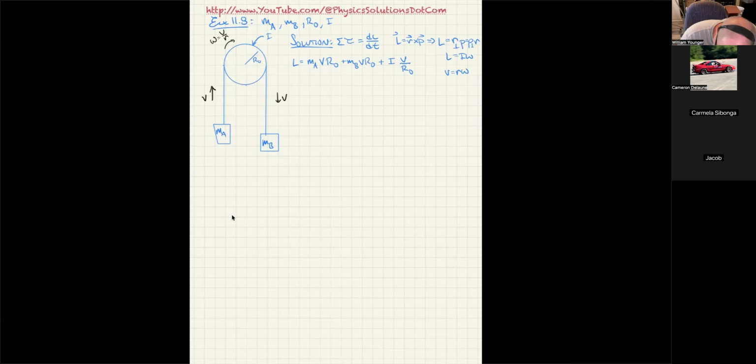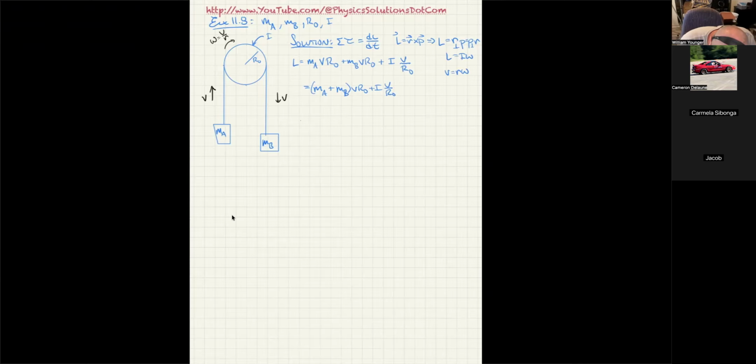So we could make that a little simpler by maybe factoring out an mA, or we could factor out a v or whatever, but your book does it this way. I'll go ahead and use it: (mA plus mB) times v r0 plus I times v over r0. So that's our angular momentum.